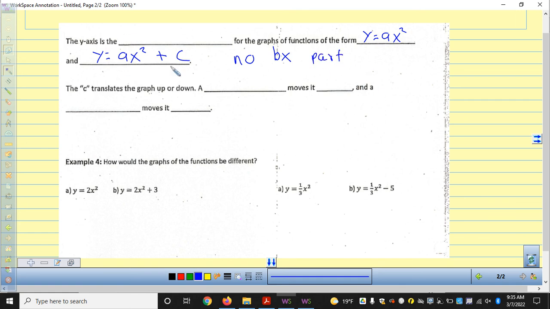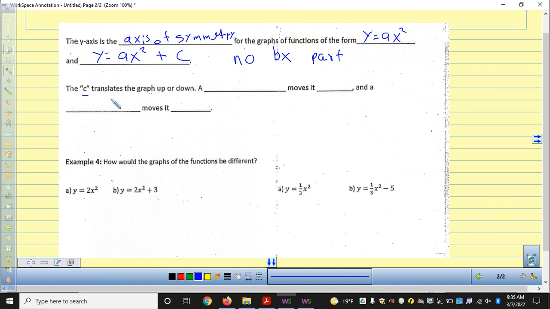We have no bx part for our quadratic. The y-axis is the axis of symmetry. So our graph is going to be symmetrical about the y-axis.